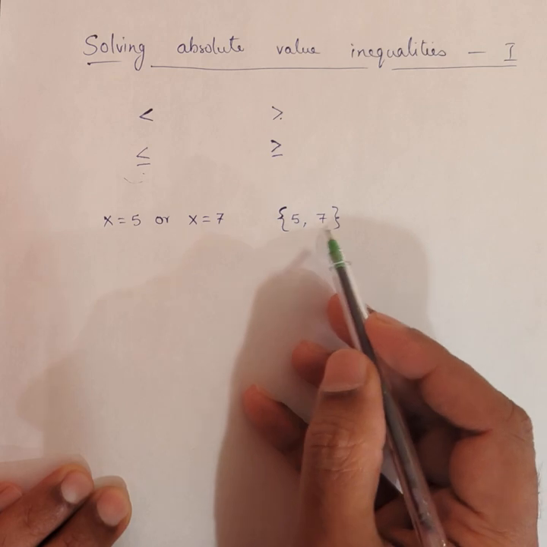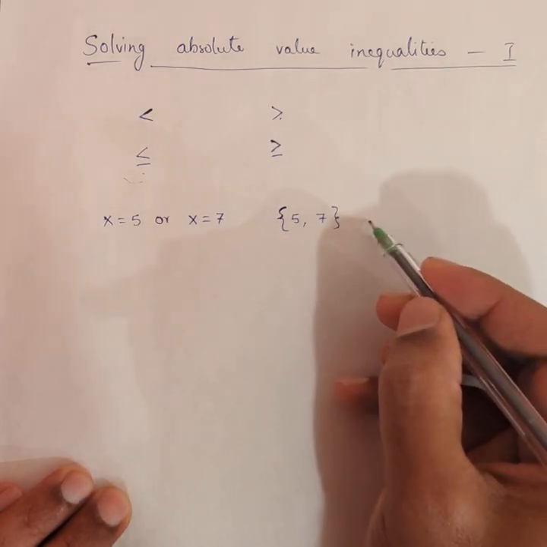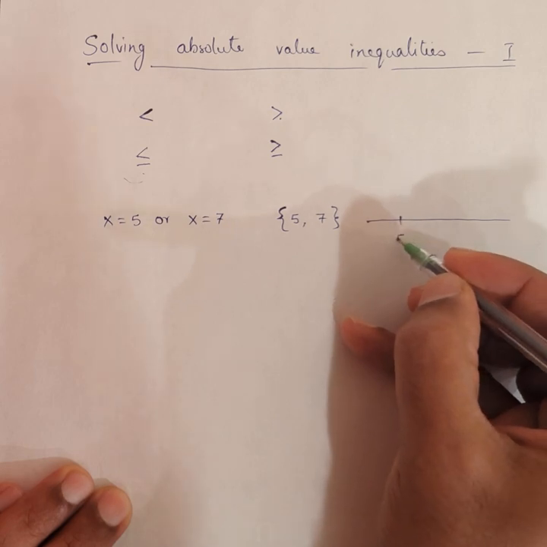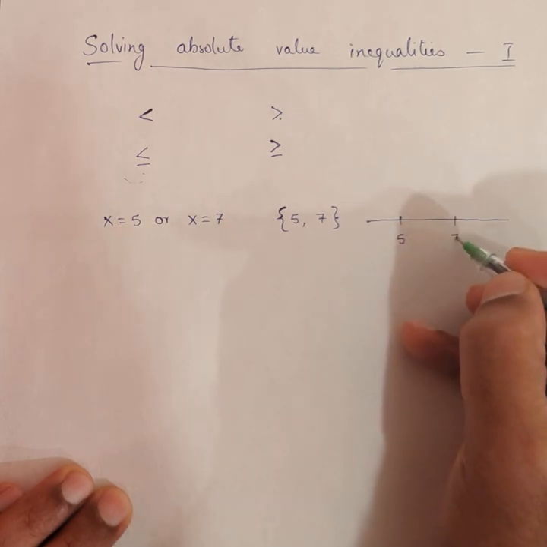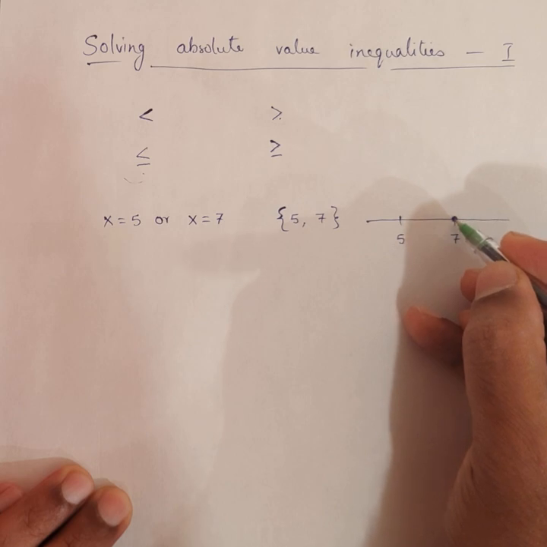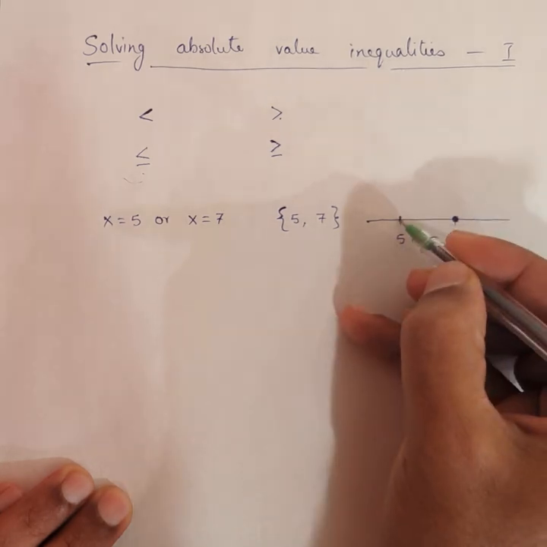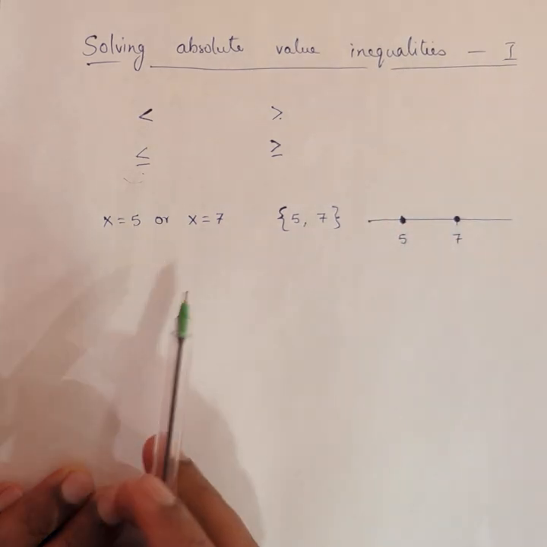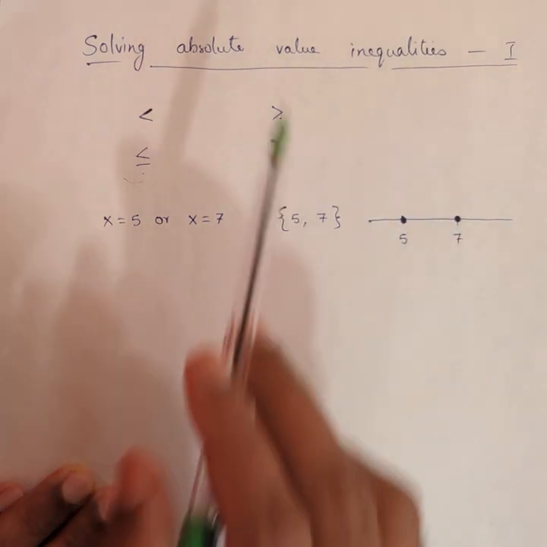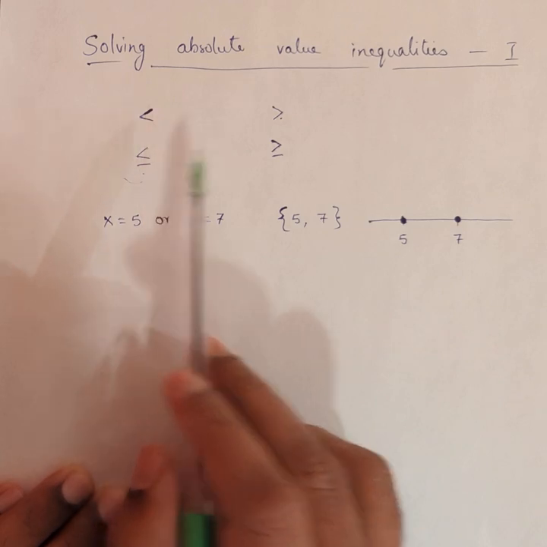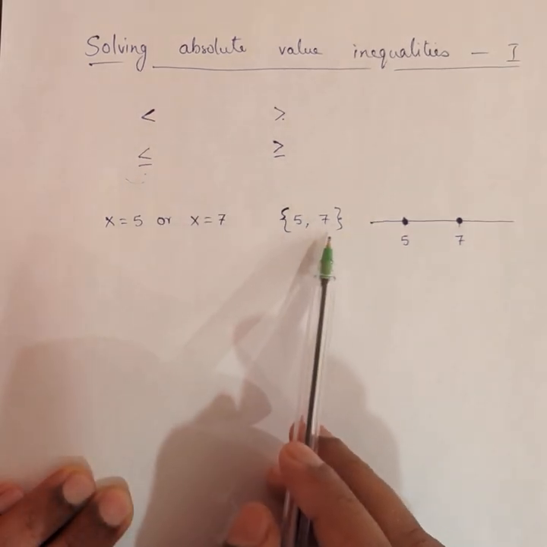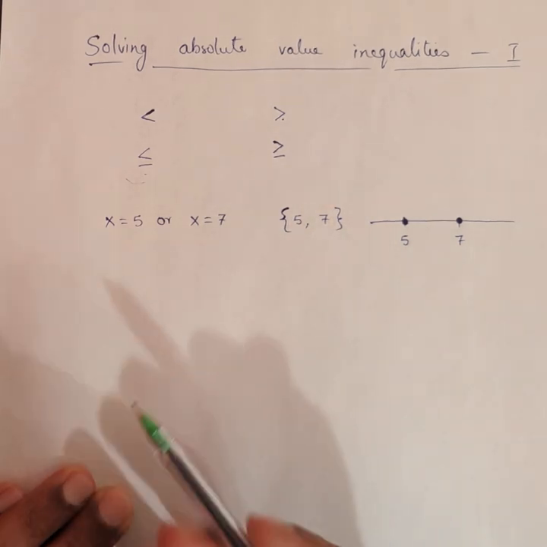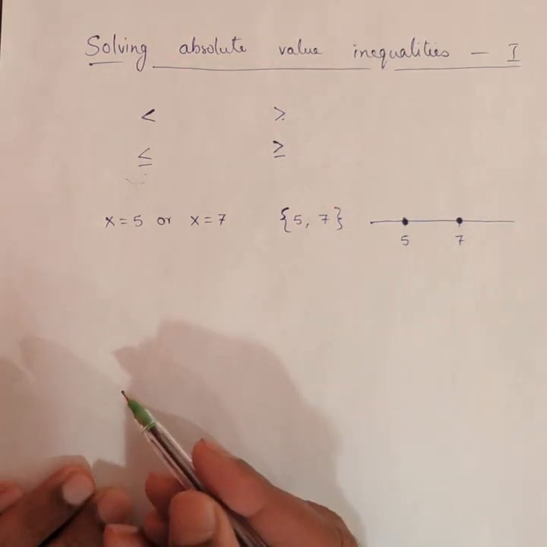Now 5, 7 inside braces means that on the number line, you have these two numbers, 5 and 7, as your answers. When you solve an absolute value inequality, you don't just get one or two numbers, but most of the time an entire interval of numbers.